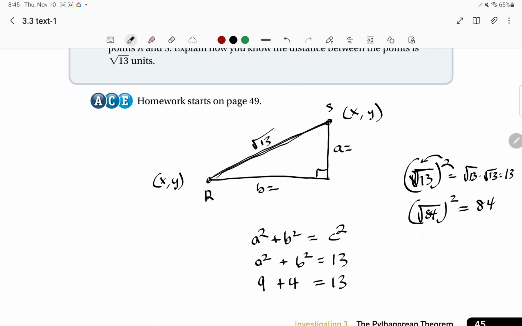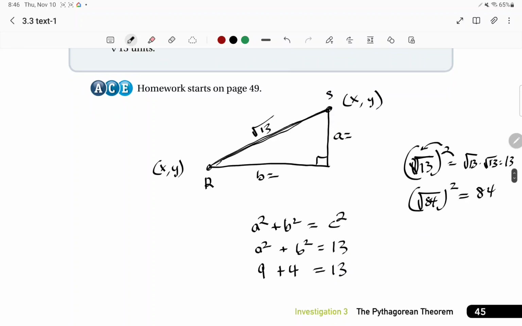Okay, so if I know that the area of one side is 9, so for example, here's my square, and I know that this square has an area of 9, then its side length is going to be the square root of that. So its side length is going to be the square root of 9, which is just 3. And if I know my other side has an area of 4, well, the side length is the square root of 4, which is just 2.